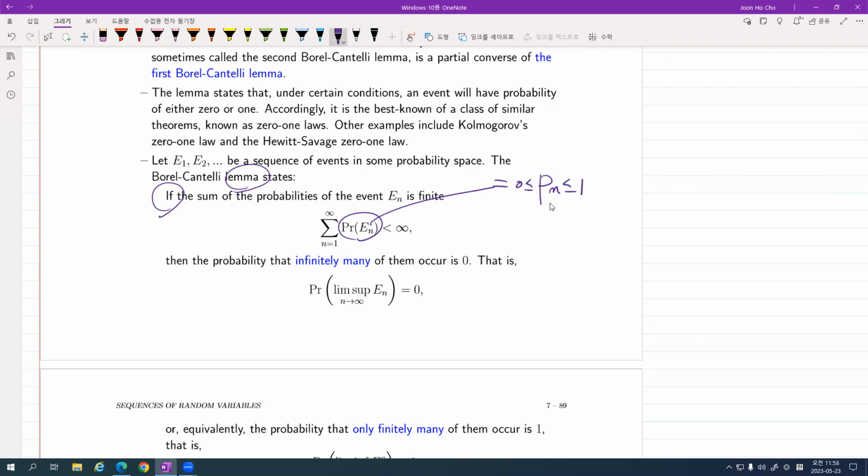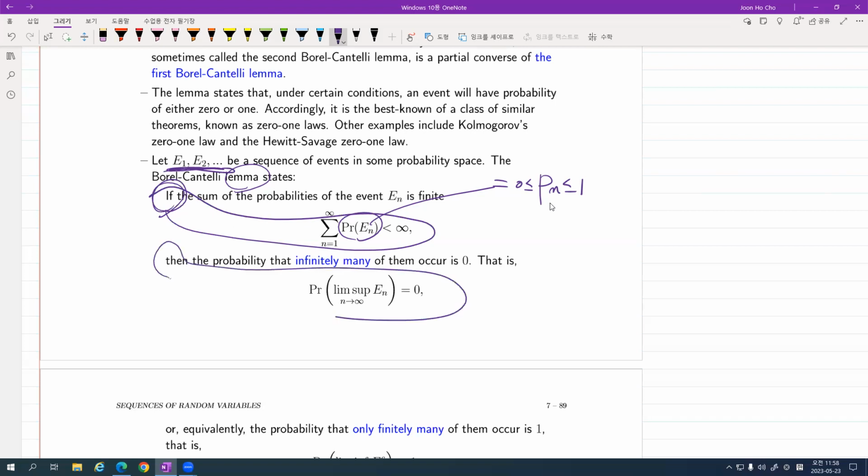Now you sum up these numbers, countably infinitely many, and that is well defined because these are non-negative reals, and that is finite. If this condition holds for a sequence of events, then this is interesting. Don't read this. This is too difficult.